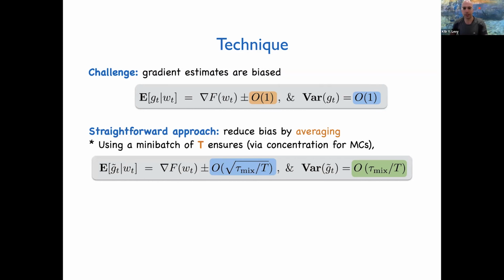If you use a mini batch of T samples, then you can devise a gradient estimate, which we call here G tilde, which has a small bias, a bias of the square root of the mixing time divided by T, which is of the order of the error that we aim to get. And if you do this, you also get the benefit that the variance of this estimate decreases, even though we were fine with the previous variance that we had before.